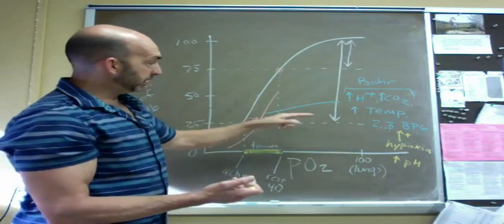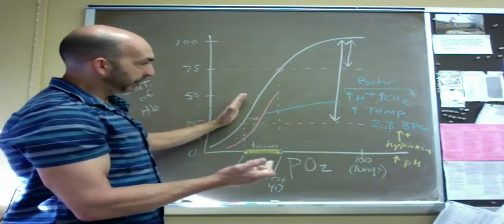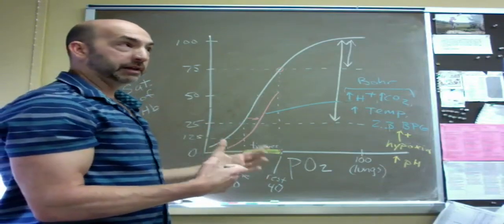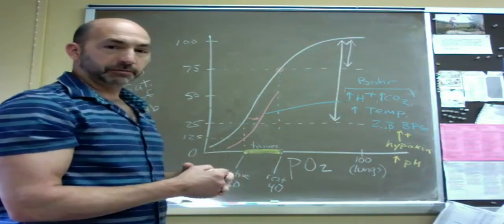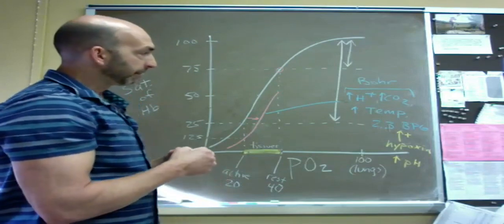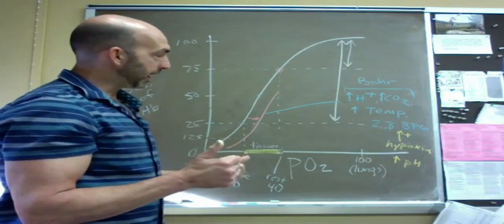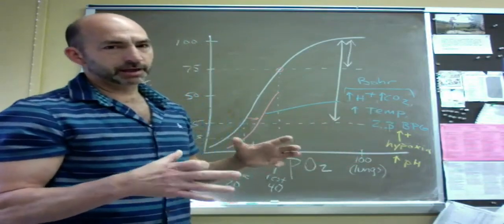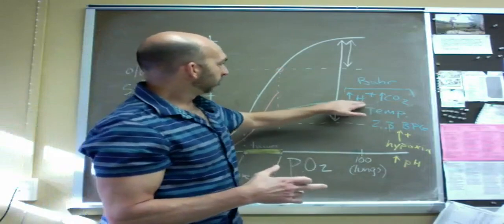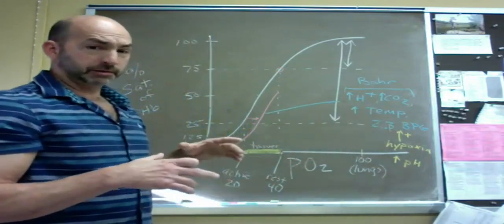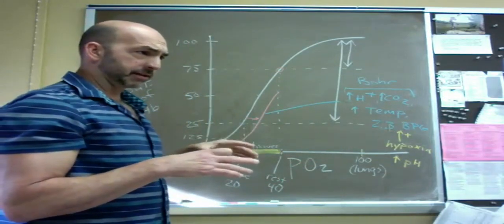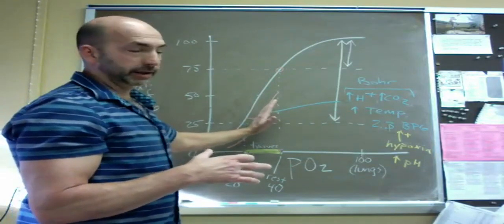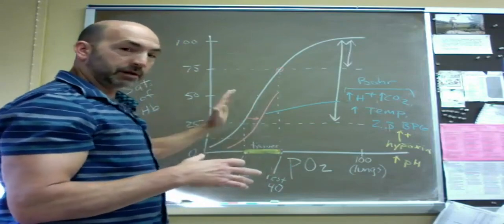So the 2,3-DPG or BPG helps shift us back and maintain normal affinity for unloading at the tissues, even when we hyperventilate. Okay, so those are our allosteric modulators. Temperature is not an allosteric modulator, it's not a molecule that binds, but 1, 2, 3 are allosteric modulators that affect affinity of hemoglobin, causing the curve to shift right, or if we remove them, shift left.